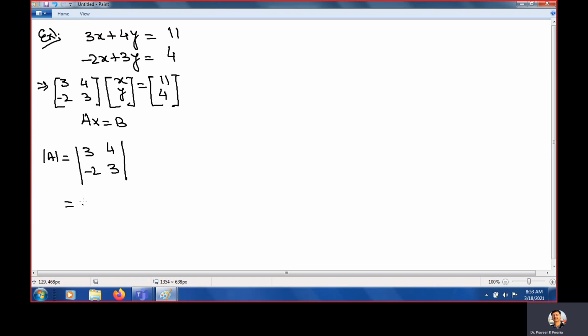This is 3 into 3 is 9, minus 4 times minus 2, minus minus 8, means plus 8. It is 17. So determinant of A is 17, not equal to 0. Therefore, x and y have a unique solution.